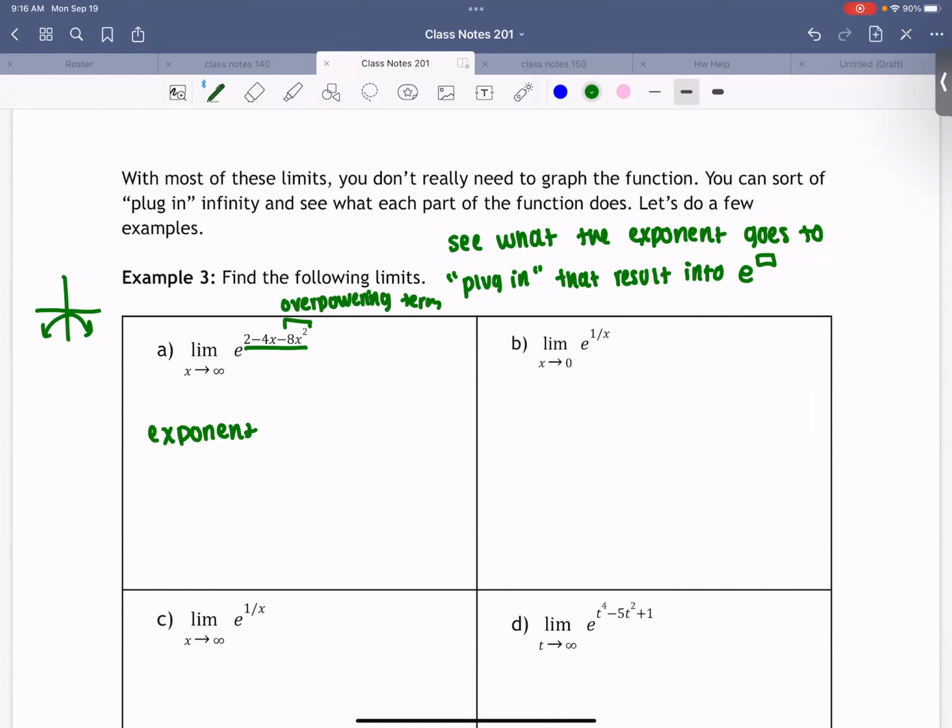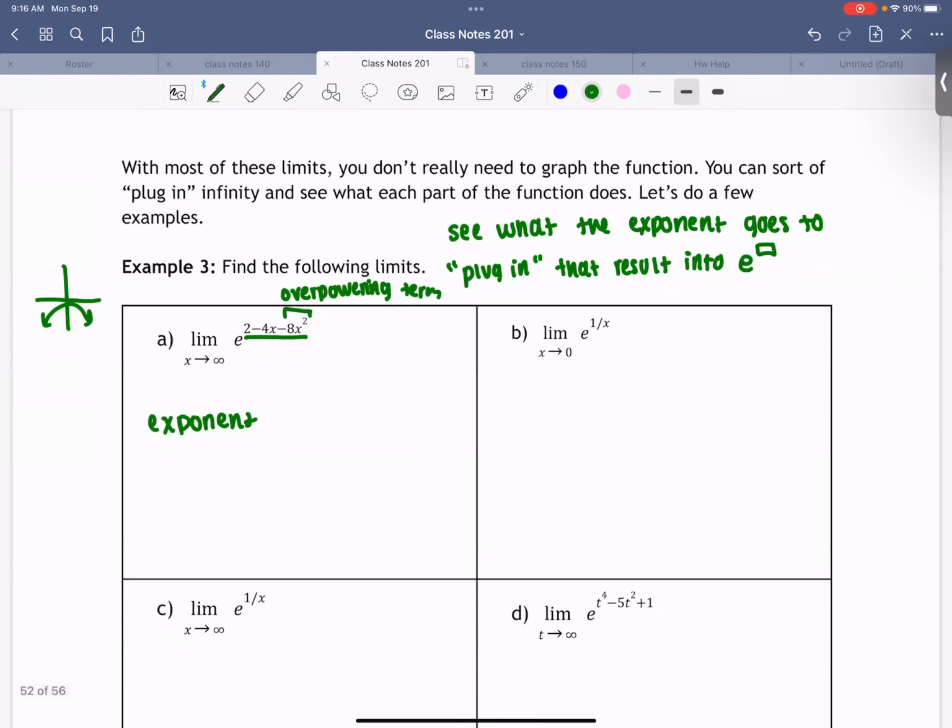As we go to positive infinity, where is the quadratic going? Negative infinity, right? As we plug in really positive large numbers into my exponent, where we have a negative x squared, we're expecting negative numbers to happen. Does that make sense? Okay.